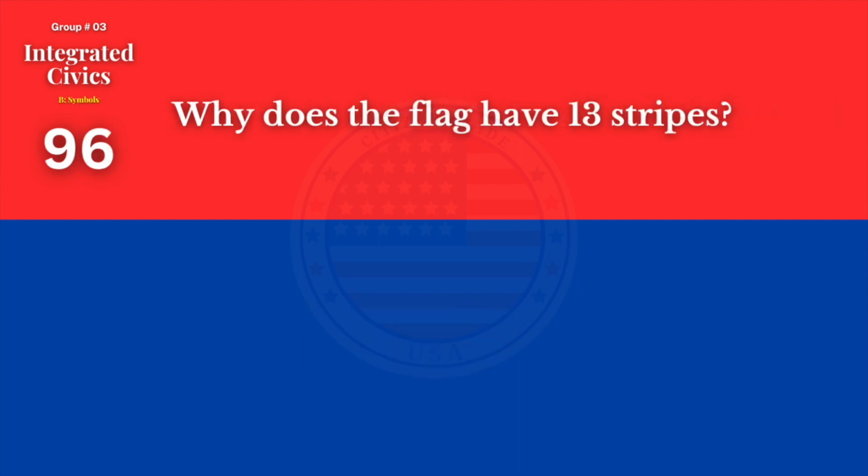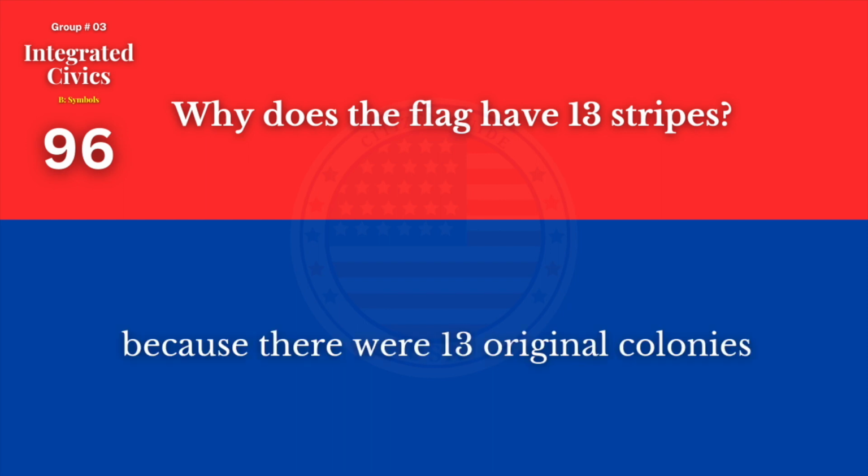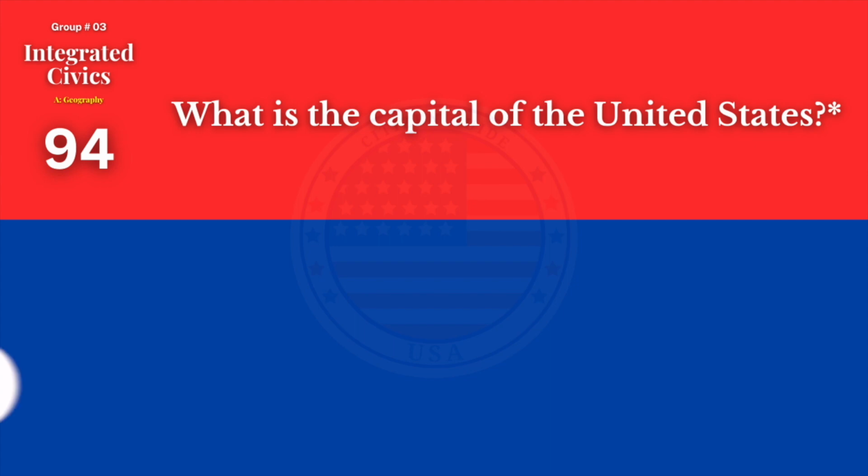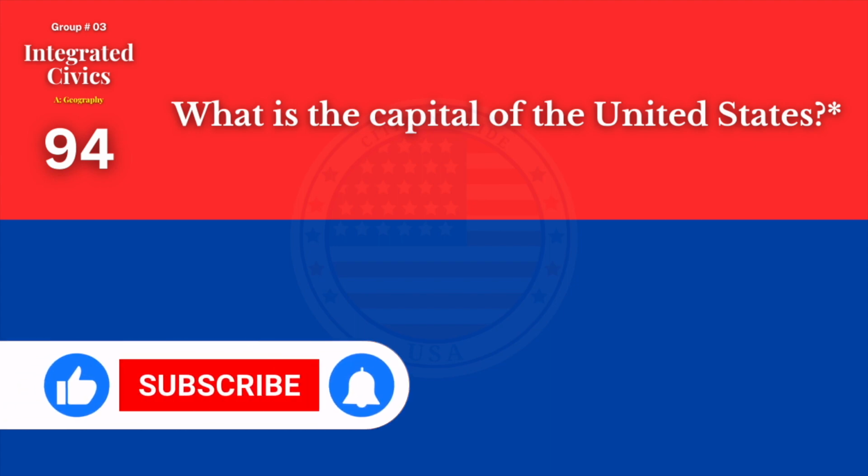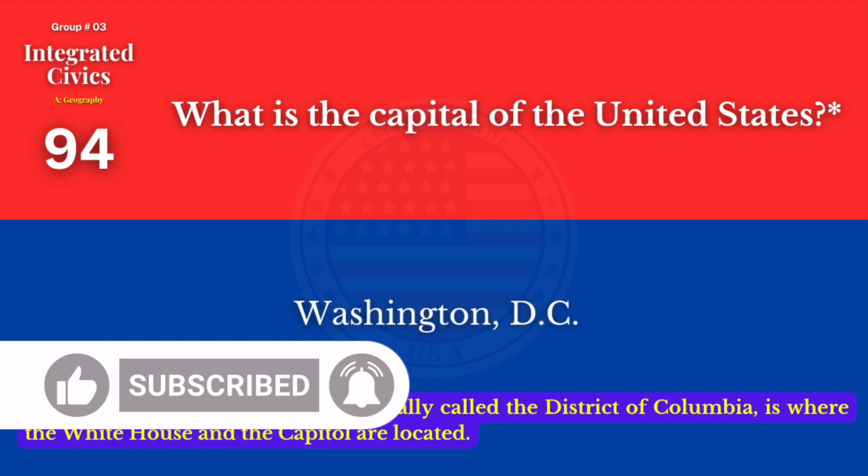Why does the flag have 13 stripes? Because there were 13 original colonies. What is the capital of the United States? Washington, D.C.